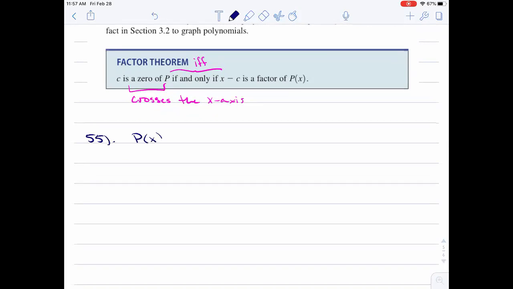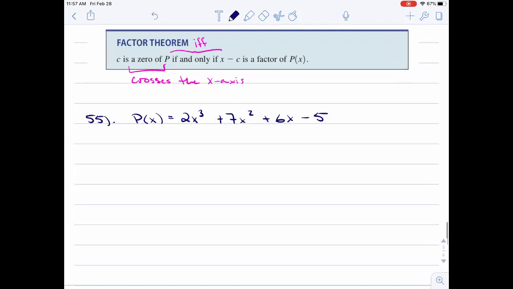Number 55 says that P of x is 2x to the 3 plus 7x squared plus 6x minus 5. And just to make sure, we have x to the 3, x to the 2, x to the 1, x to the 0, so they're all there.